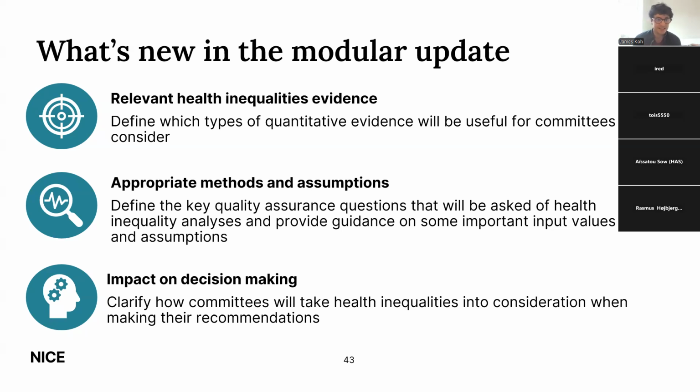And if there's a case for there being really, really substantial health inequality benefits from an intervention, the committees have always been able to, and can continue to, have flexibility around that decision threshold. So they'll actually be able to reflect that trade-off between inequality benefit and population benefit in their decision making.